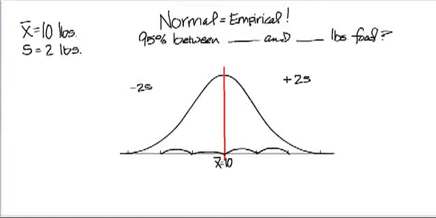So applying this normal distribution empirical rule, for my upper limit, I'm going to say X bar plus 2 times the standard deviation is going to give me this value here.